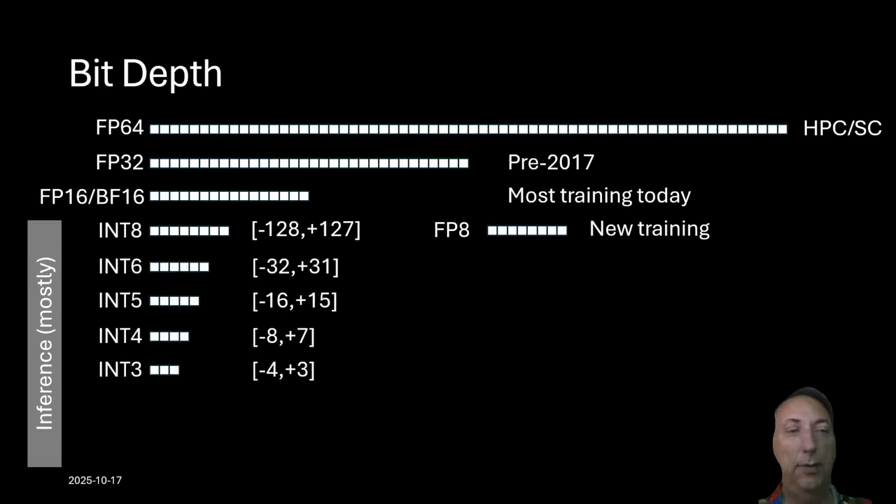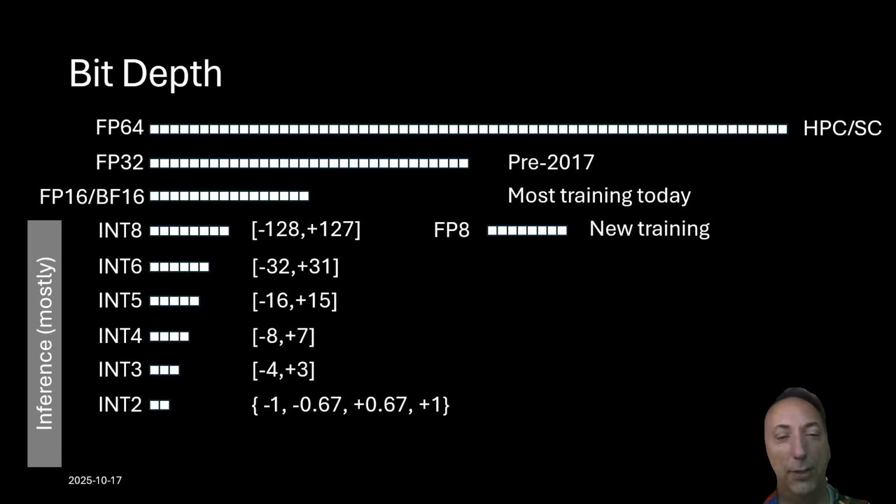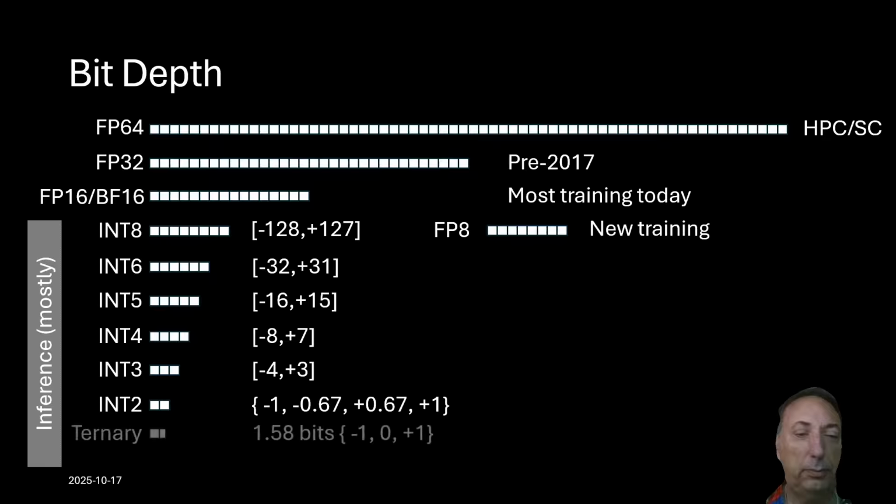Skip 7, nobody uses 7. 6, 5, 4, 3, and you can start to see the asymmetry here in the numbers. There's one extra negative number, like -4 to +3, than there are positive numbers. So that's why when you get down to int2, you pretty much have to change your 0 point so you don't actually have a 0, but the weights are centered around 0.